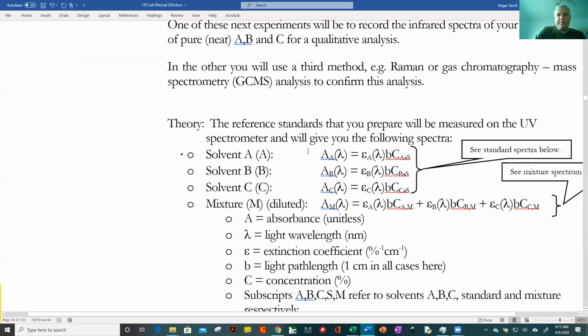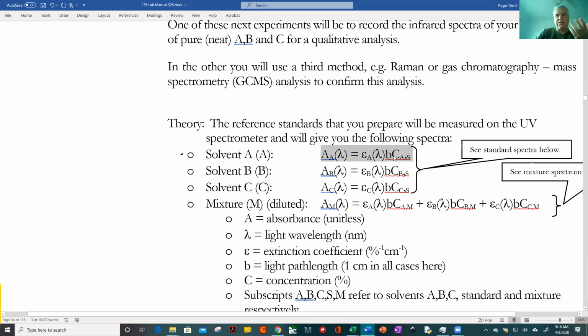Okay, so the standard absorbance spectra here. This should actually say standard A, standard B, and standard C, right? They have an absorbance as a function of wavelength that's equal to epsilon times B times C, right? And we actually know all of these things, because we know the absorbance, we measured it.